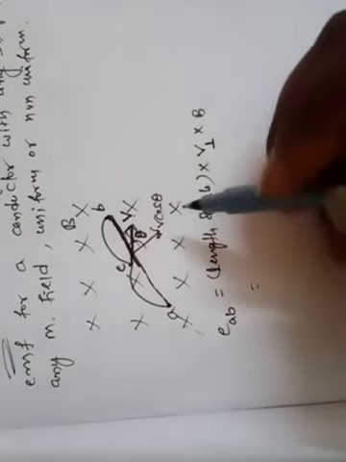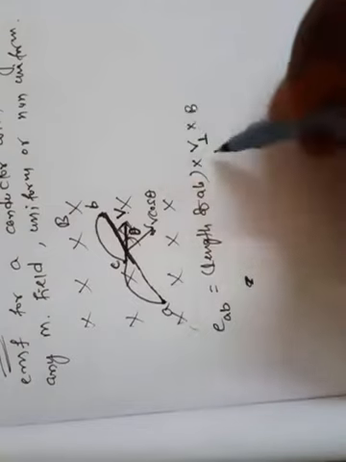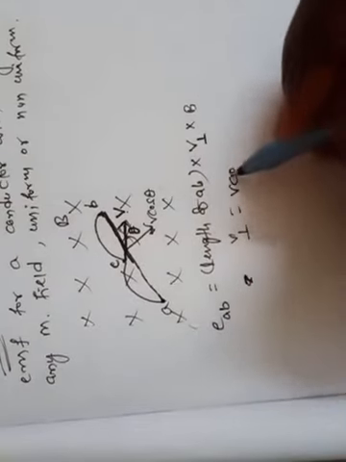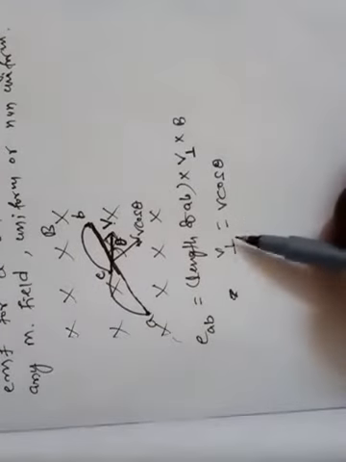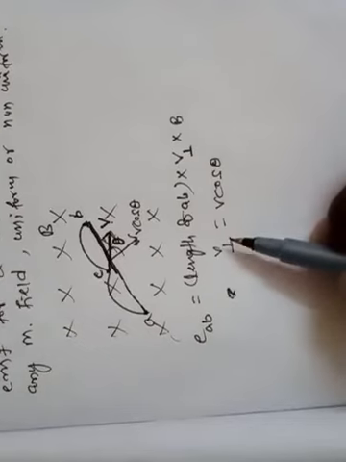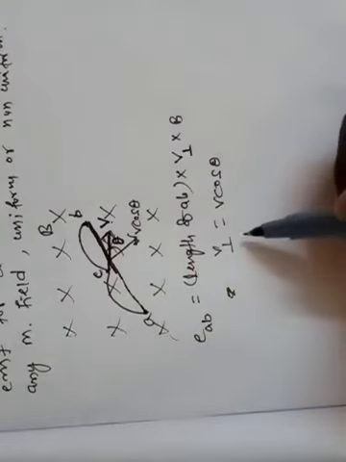Here, what is V perpendicular? It is V cos theta. This component should be perpendicular to both the V bar and the length AB. This point you should keep in mind.